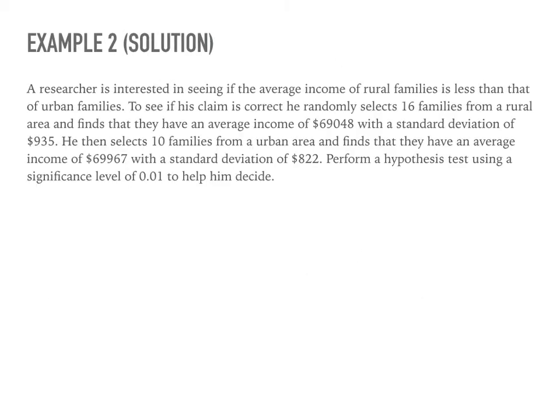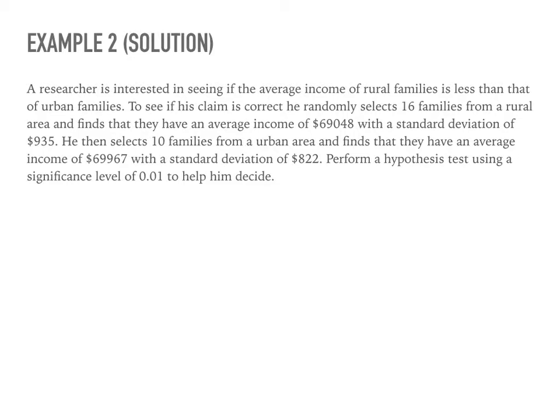A researcher is interested in seeing if the average income for rural families is less than that of urban families. To see if his claim is correct, he randomly selects 16 families from a rural area and finds that they have an average income of $96,045 with a standard deviation of $935.